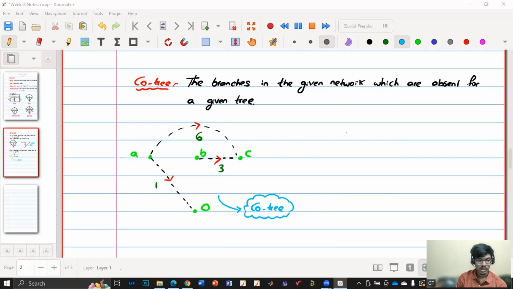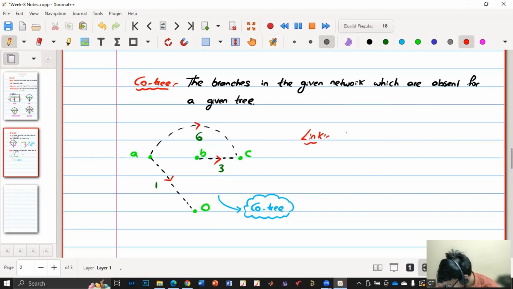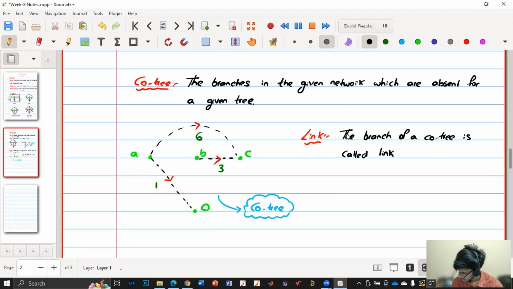So this is a cotree. Now, what is the branch of a cotree called? The branch of a cotree is called a link. So here in this case, BC can be called a link.